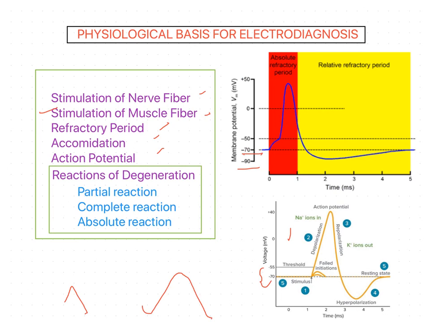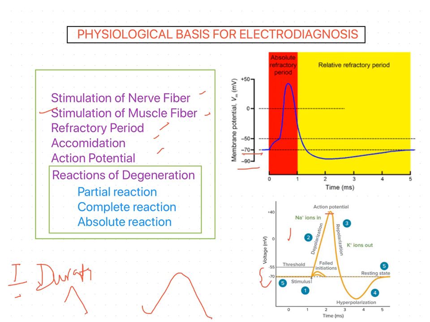Electrical excitability is characterized by three factors: the intensity of the current, the duration of the current flow, and the speed at which peak intensity is reached. In cases of partial and complete denervation, electrical excitability is altered specifically.